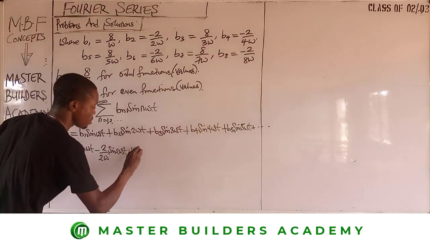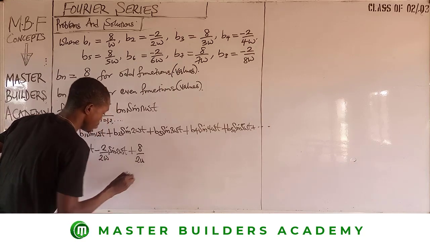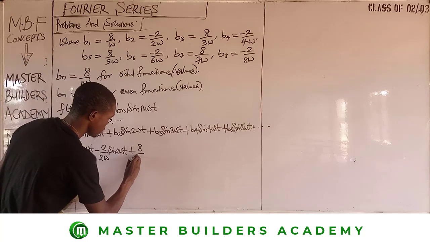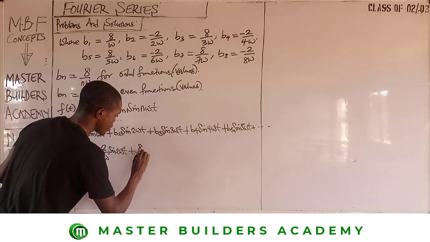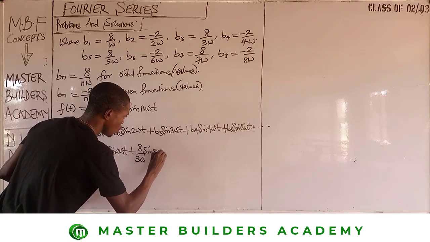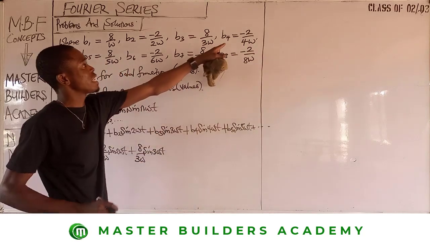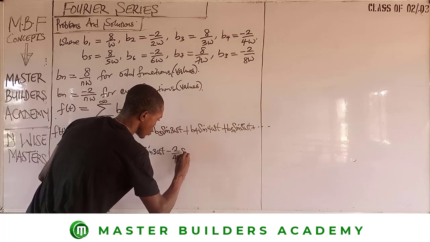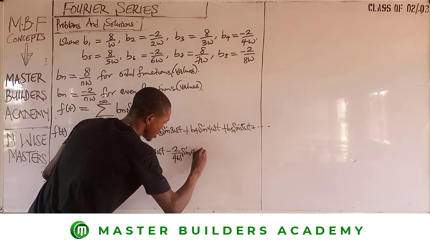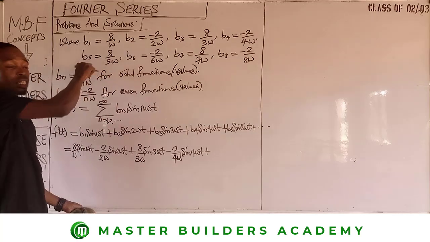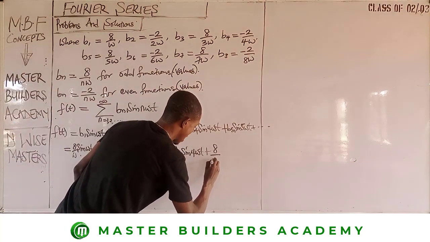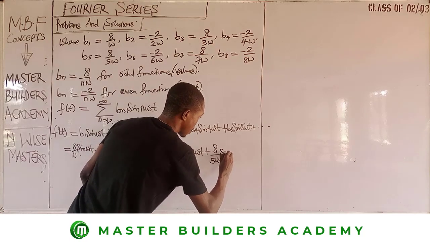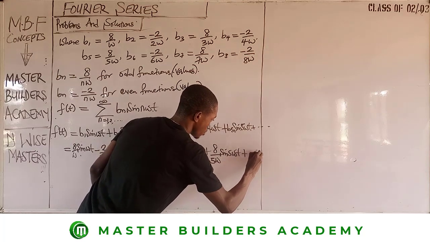Then b3 is positive, 8 over 3 omega, sine 3 omega t. Then b4 is coming in as negative, negative 2 over 4 omega, sine 4 omega t. Then b5 is coming in as positive, 8 over 5 omega, sine 5 omega t, plus, and we finish.